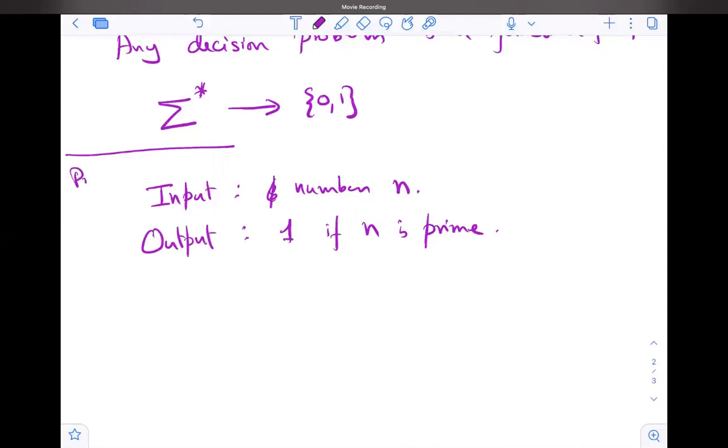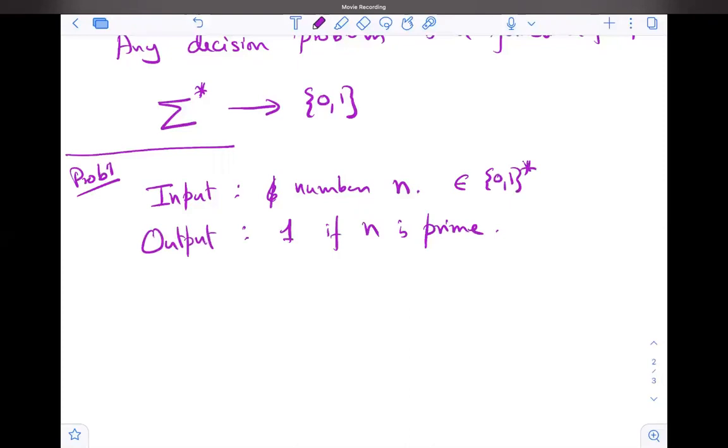Maybe this is problem 1. What is the input? I can think of this input as a string of 0, 1, written in binary.